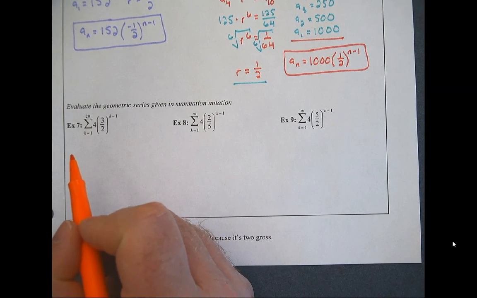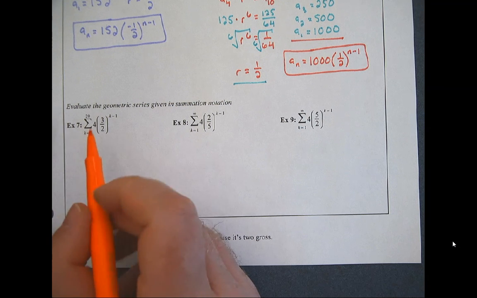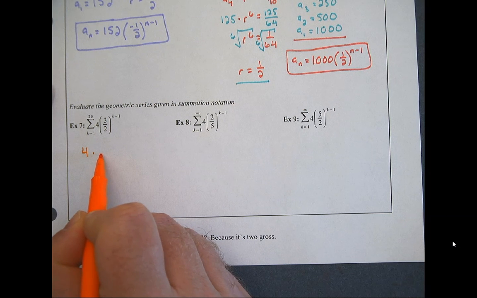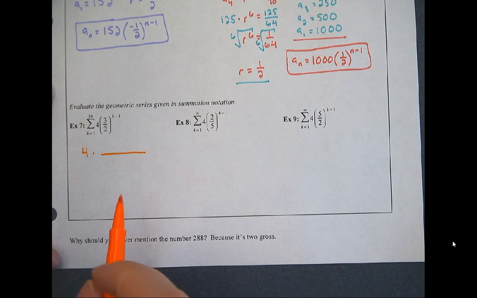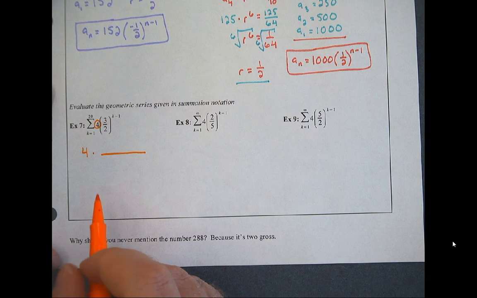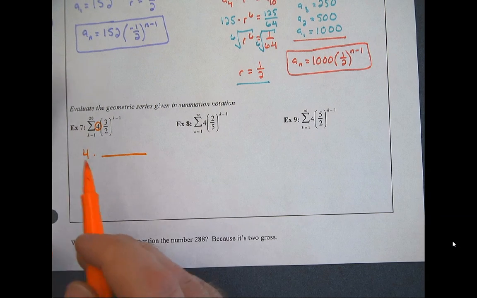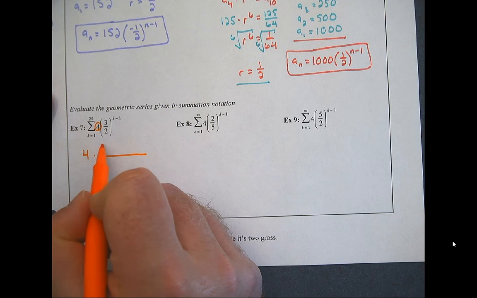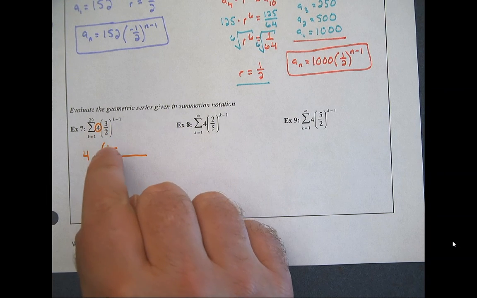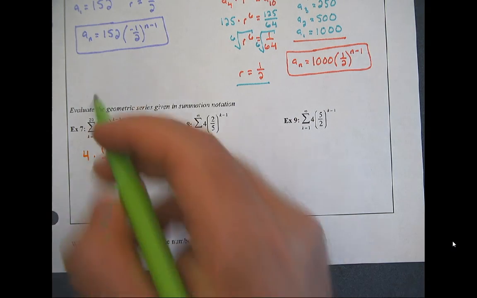So my first term is 4 times the fraction. So 4 is my first term times 1 minus. Now my ratio, I'm going to circle that in a different color.